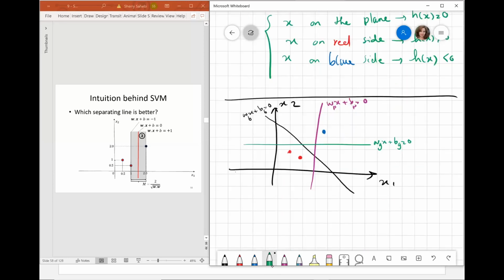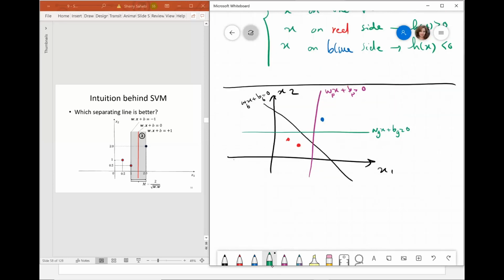So now what I do is that I create a margin that is parallel to the line that I have, but goes through the closest data points in each of the classes. For example, for this black line, the closest data point is this red one. So I can have this as a parallel line for my margin here. And then if I have another parallel line, at equal distance, I'm going to have this guy here.